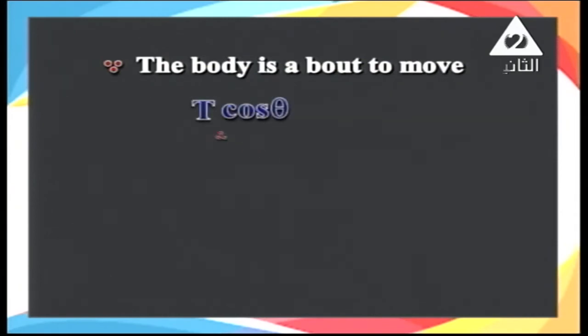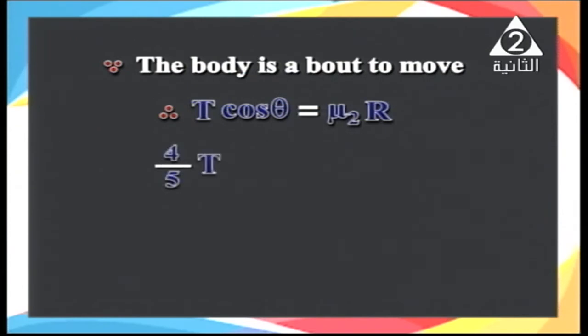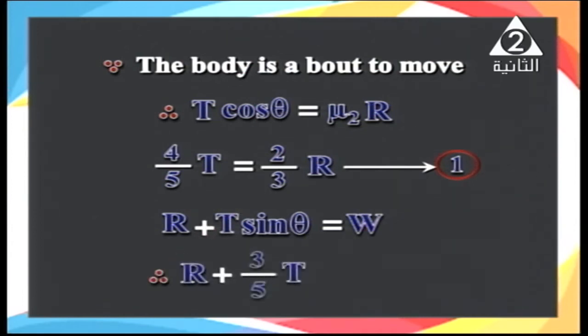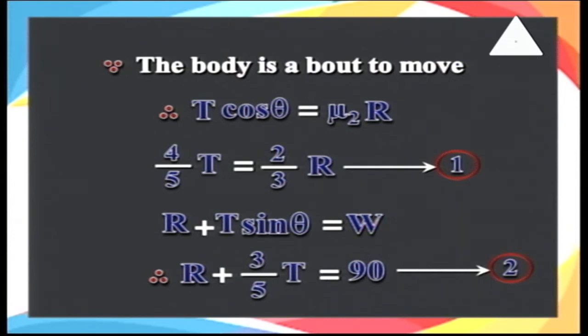The body is about to move. T cosine theta equals mu s R. 4/5 T equals 2/3 R. This is number 1. Number 2, R plus T sine theta equals W. By substitution, R plus 3/5 T equals 90. This is equation number 2. My dear student, we have two equations in two unknown variables, T and R. T is the tension, R is the normal reaction force.